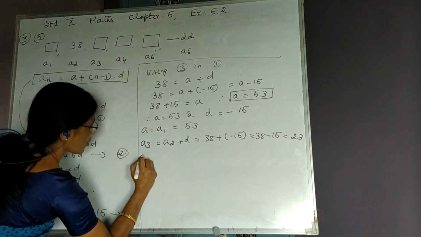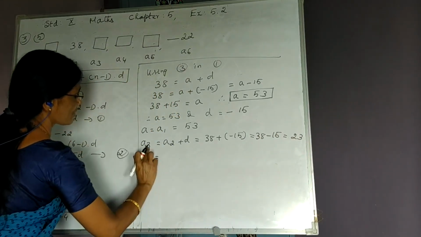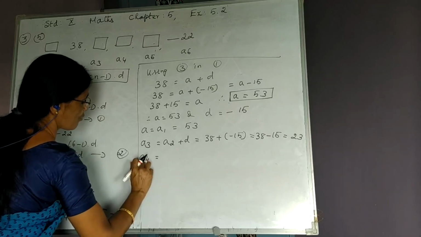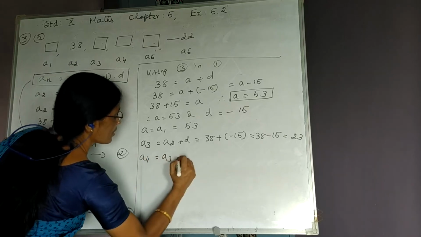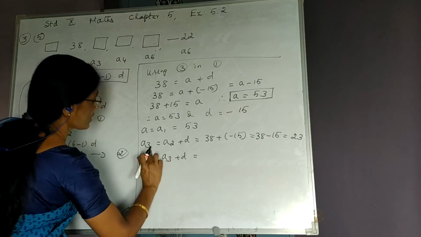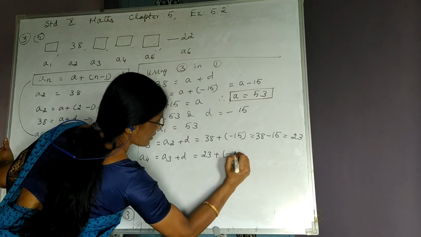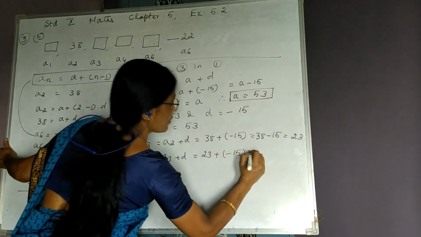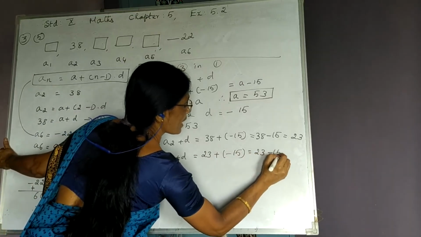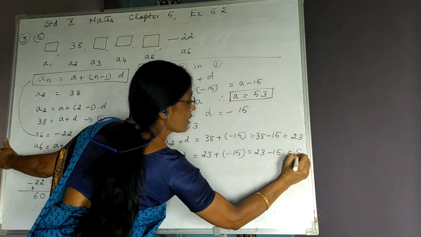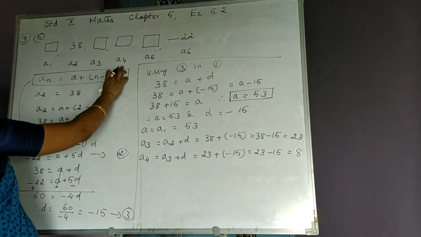Then comes A4. What is A4? When it was A3, we took A2 here. So for A4, what should be taken here? A3 plus D. What is A3 we have found? It is 23. 23 plus minus 15, which is 23 minus 15, equal to what? Equal to 8. A4 is over.